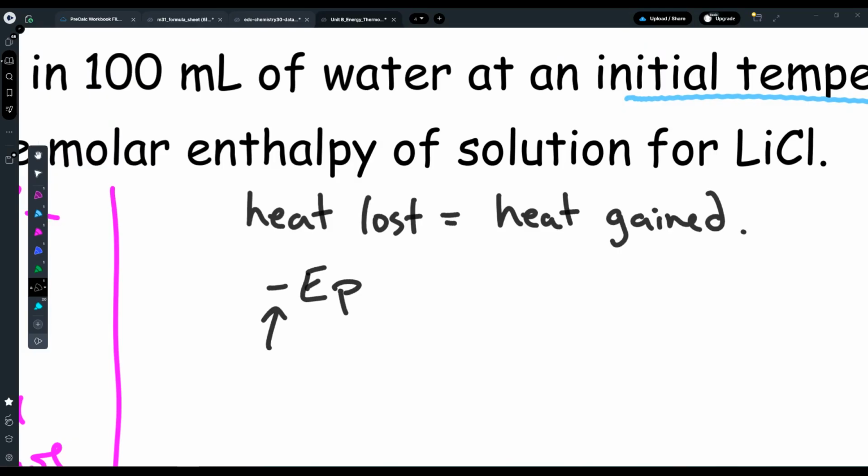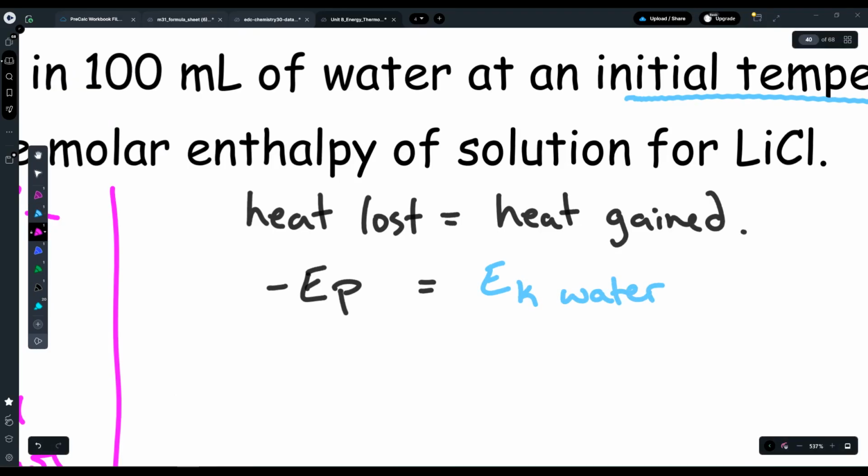We put the negative on the left-hand side just because it is an exothermic reaction. It's equal to the kinetic energy of water. I'm going to color code these: anything that's blue relates to water, and anything pink relates to lithium chloride.